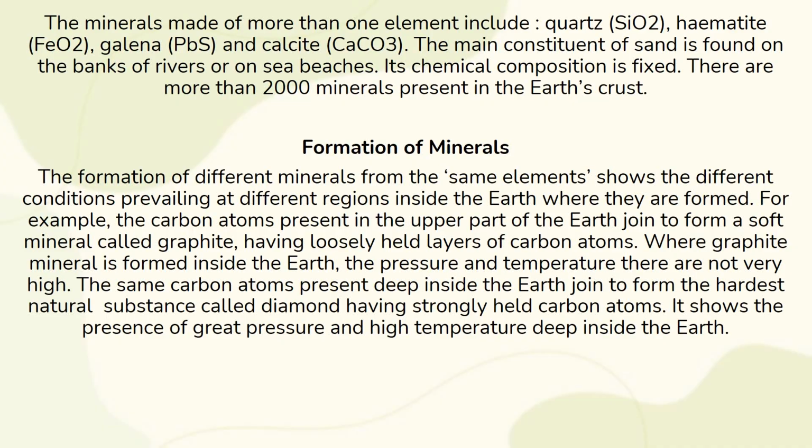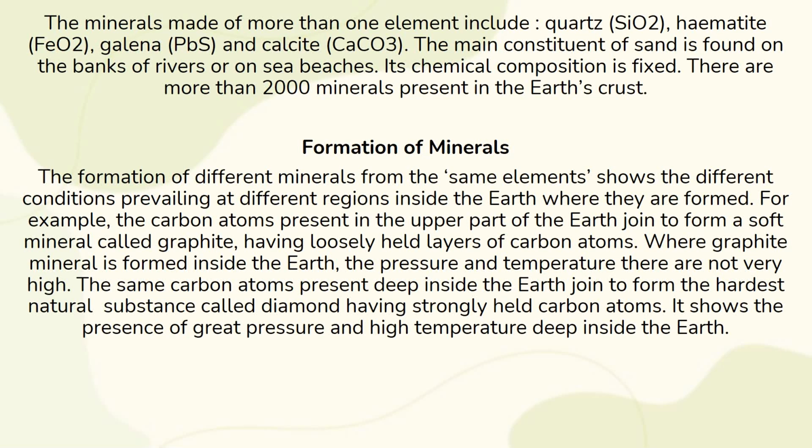Formation of minerals. The formation of different minerals from the same elements shows the different conditions prevailing at different regions inside the Earth where they are formed. For example, the carbon atoms present in the upper part of the Earth join to form a soft mineral called graphite, having loosely held layers of carbon atoms.